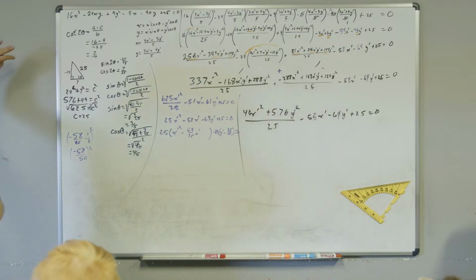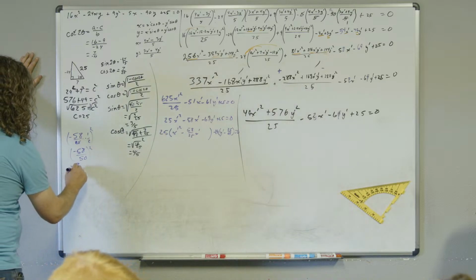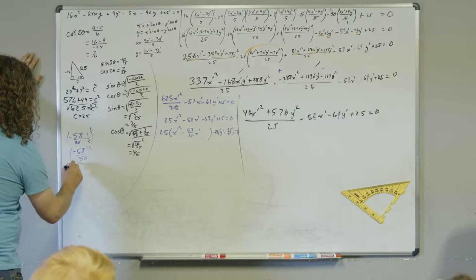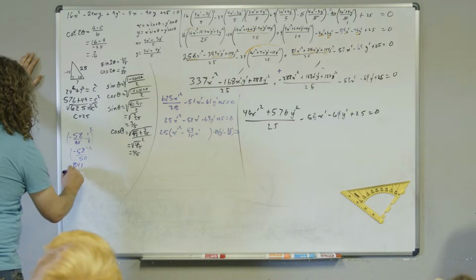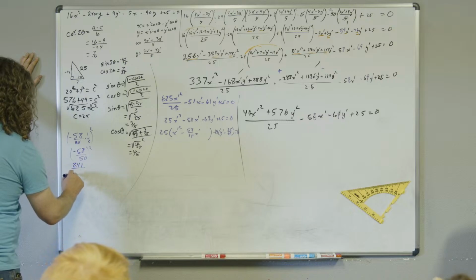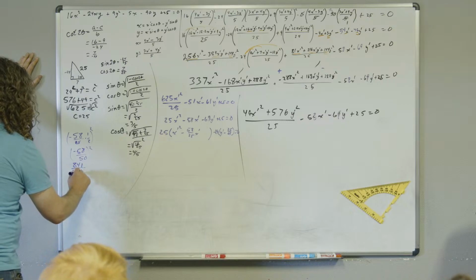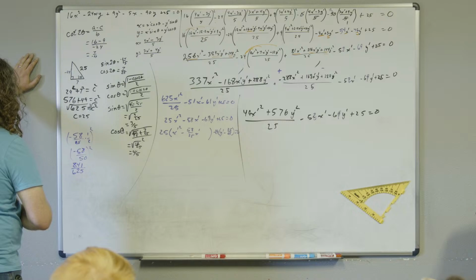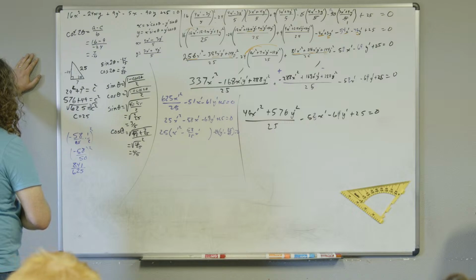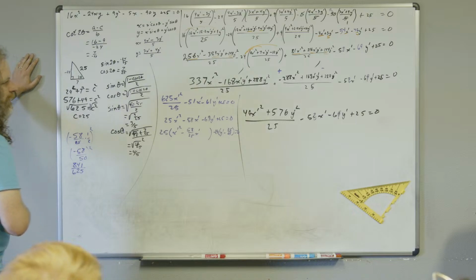What is it? 841 over 625. 50 times 50 is 2,500, so it's been reduced down from the gigantic thing. Yeah, great.